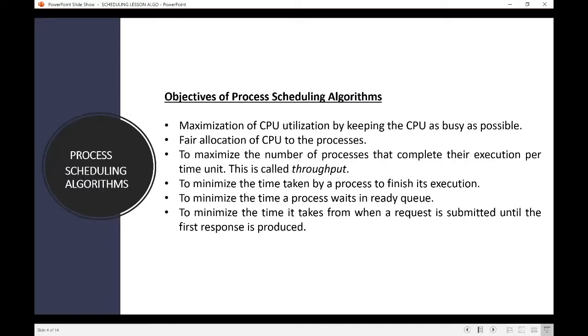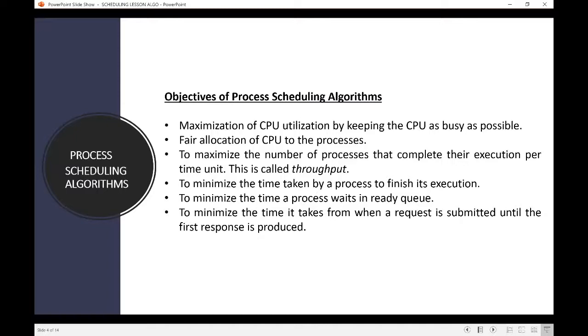Imagine you have 10 processes all waiting to get executed. The scheduler will make sure the processes are not spending a long time in the ready queue.